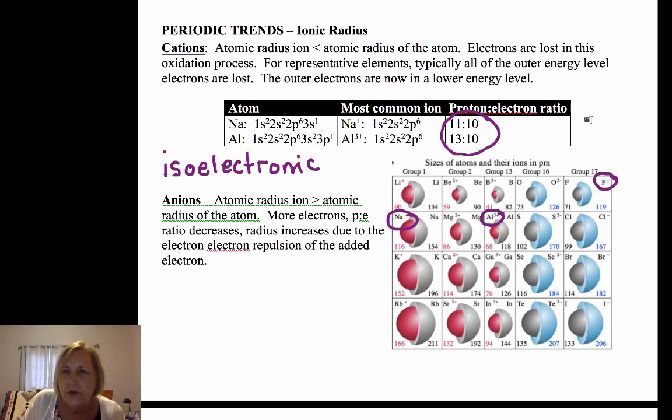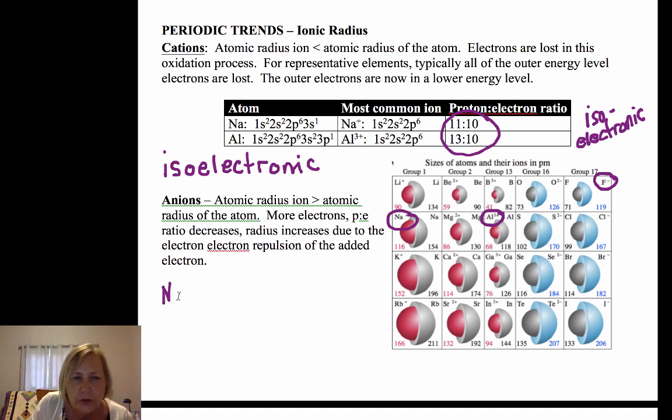We would say those are isoelectronic. They have the exact same electron configuration as, I hope that's neon. I should know that, but it's not coming to me right now. I hope that's neon.